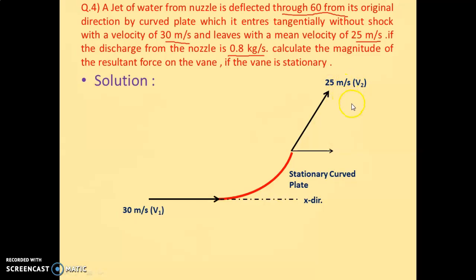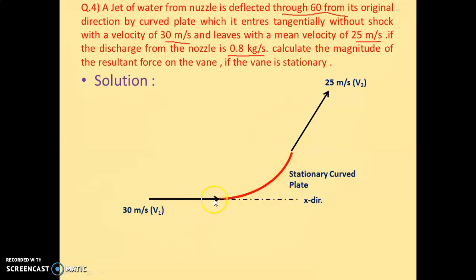Now the jet leaves or exits the plate at an inclined angle. By what angle to the horizontal, it is given above. The jet of water is deflected through 60 degree from its original direction. This is the original direction, x direction.